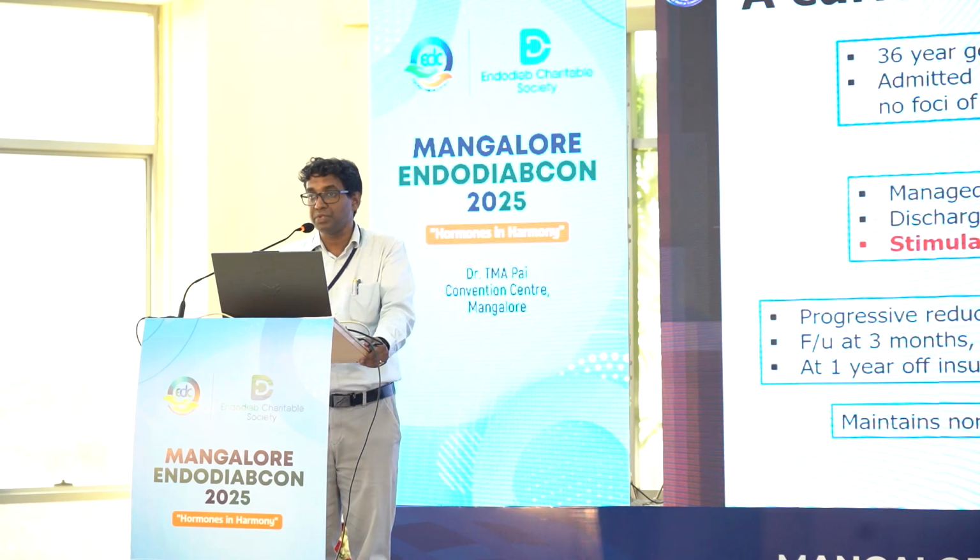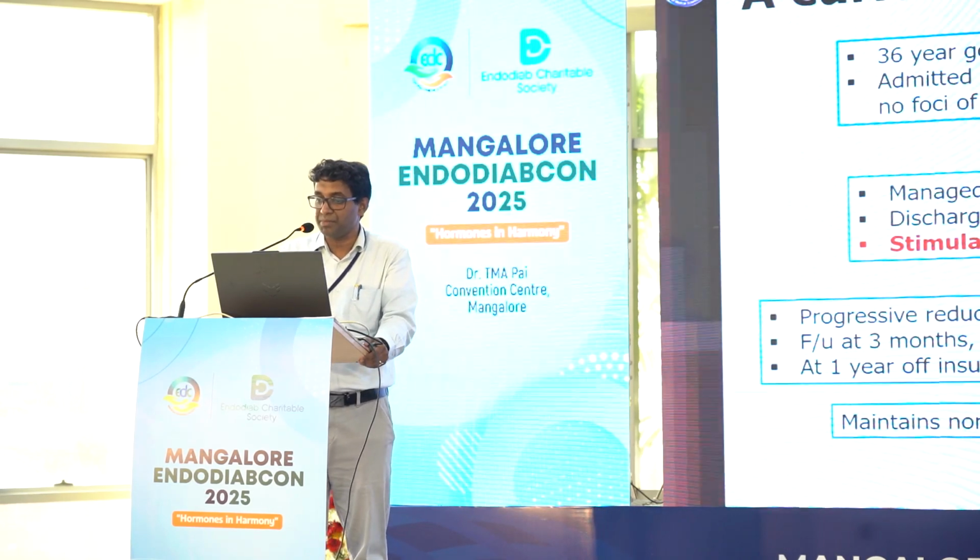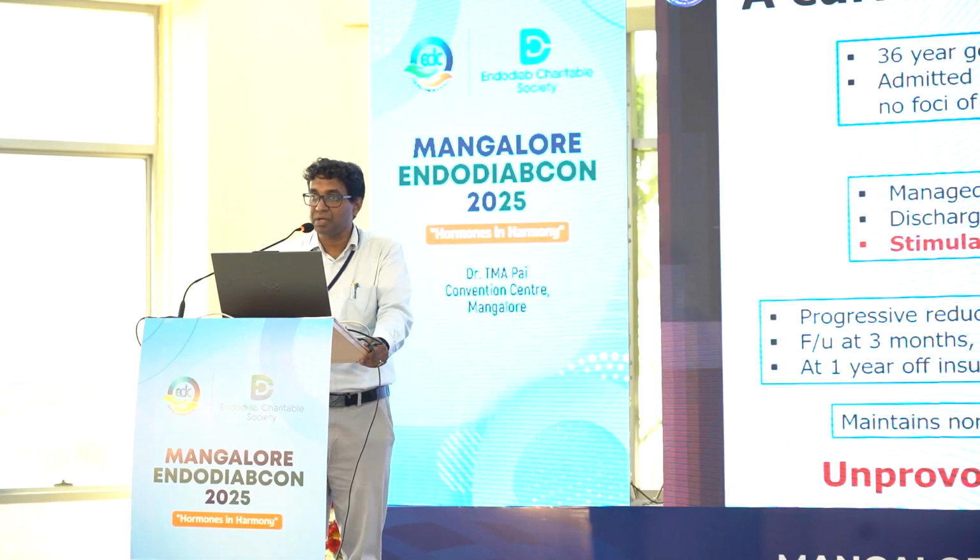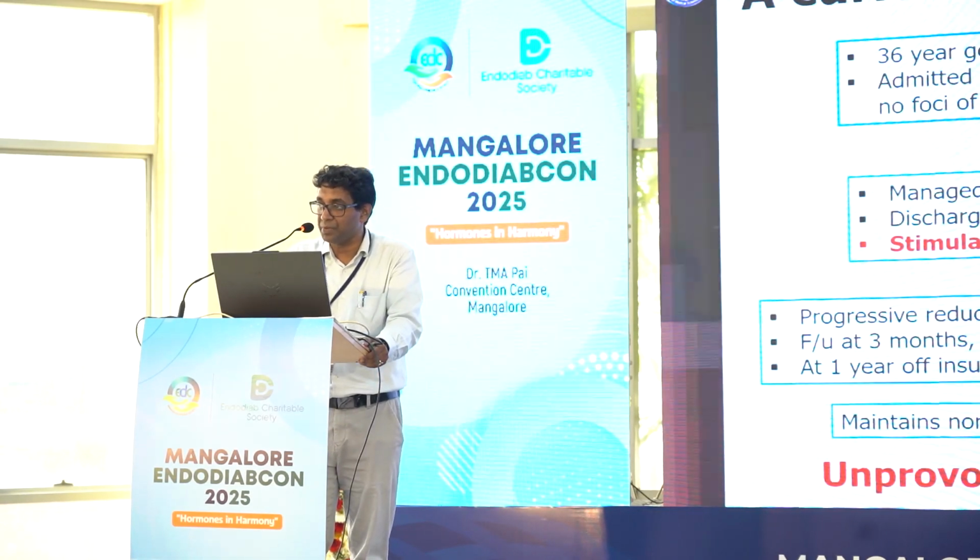C-peptide jumped to more than 2 nanograms per ml, and the patient on 3-year follow-up continues to maintain normoglycemia on diet and metformin. So this was the first reported patient of KPD, or ketosis-prone diabetes, from India.